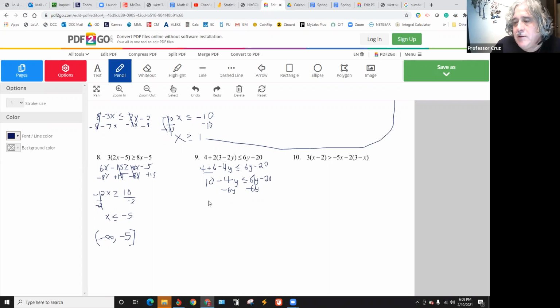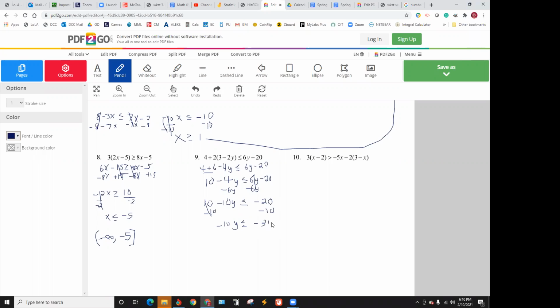All right, so that's 10 minus... Is it 3 greater than or equal to y?